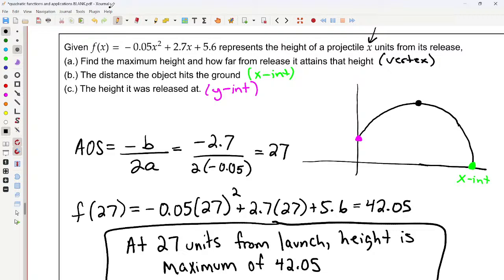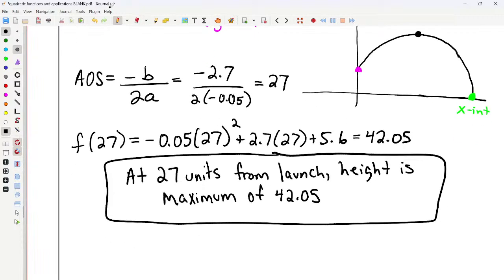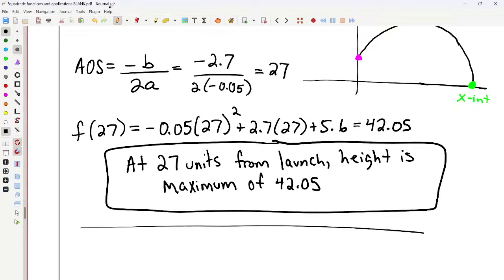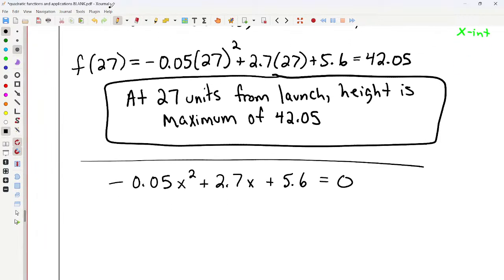Find the distance the object hits the ground. So we need the x-intercept. We're going to take our function, set it equal to 0, and use our good old quadratic formula.